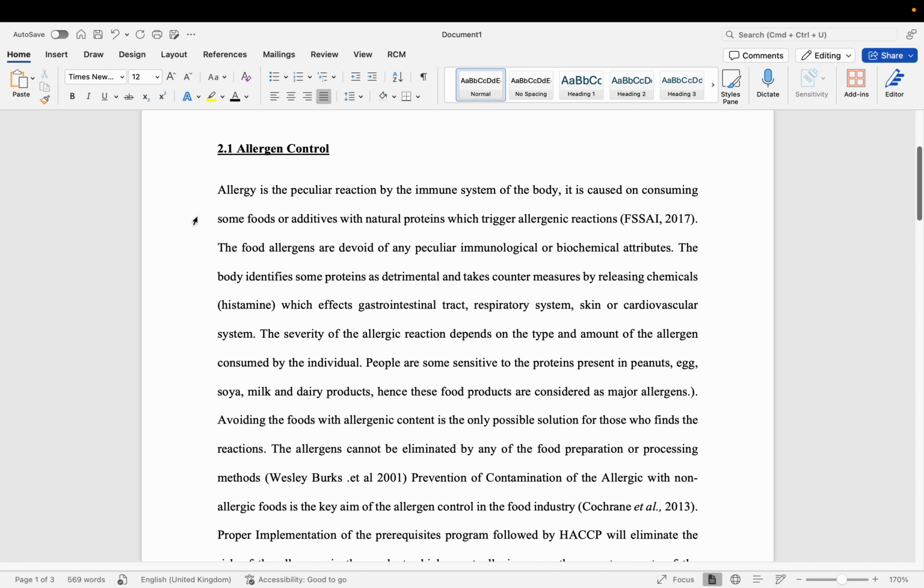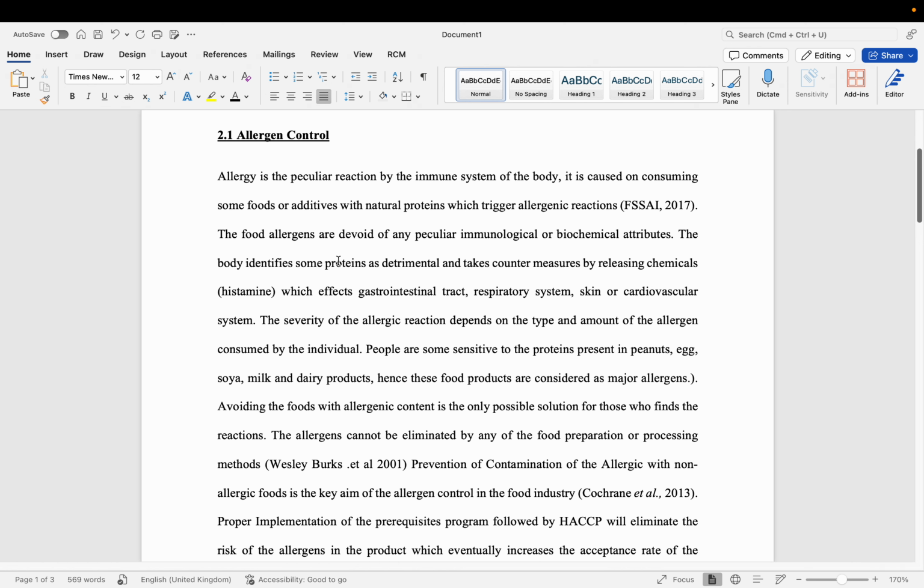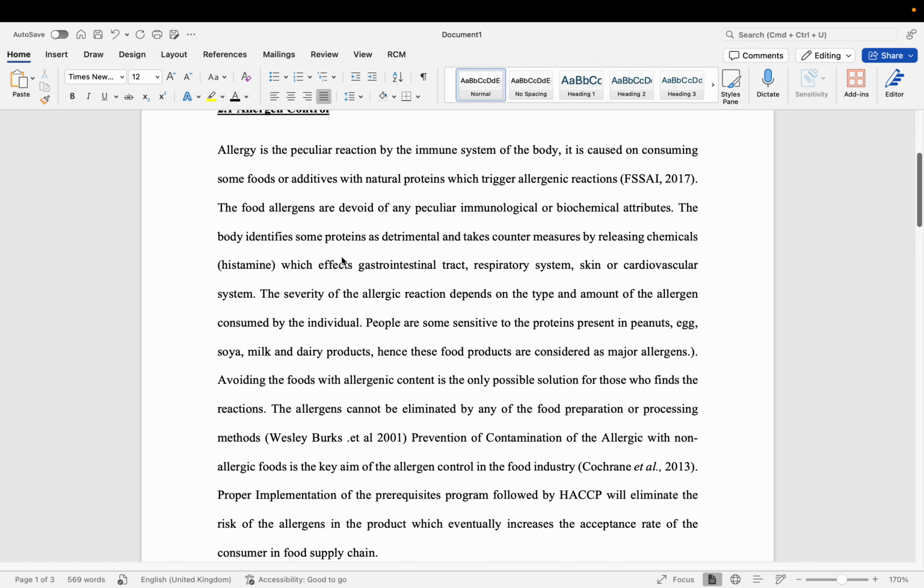Allergy is a very peculiar reaction by the immune system of the body. It's not present in everyone. It's caused on consuming some additives with natural proteins which trigger allergic reactions.